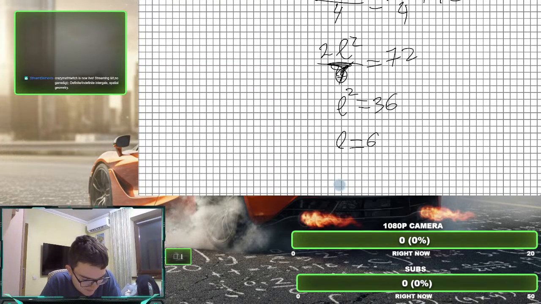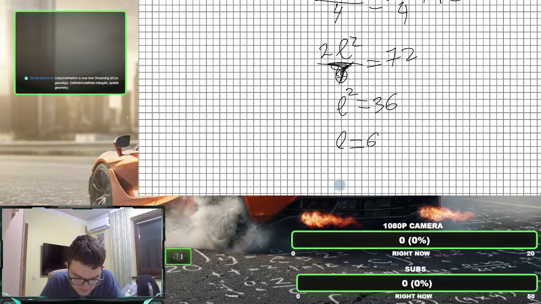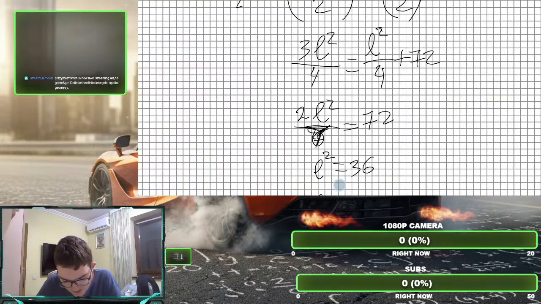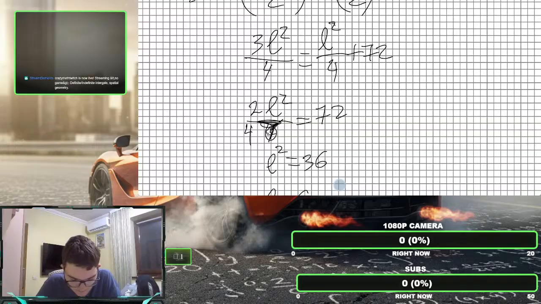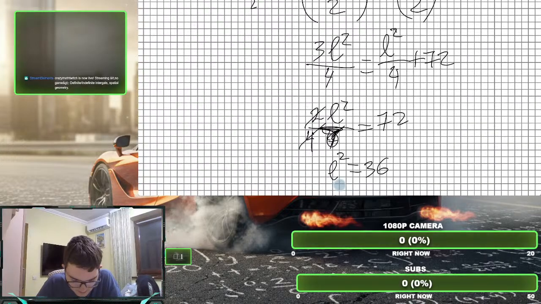Okay. So if it's the same common denominator, divided by 4 still stays there. Genius math skills. Okay. So I have 2 divided by 4, that's essentially 1 divided by 2 up front.